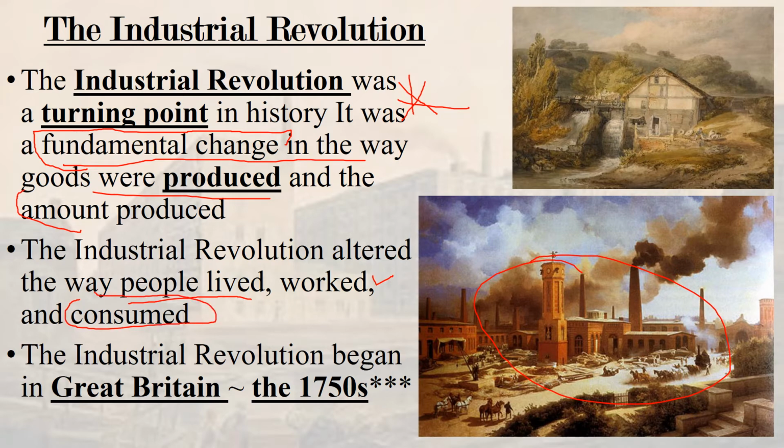Instead of, like most of human history, most people never owned anything that was made more than 30 miles from their home. Instead, most people's everything will be made far, far from home and transported to them to stores or shops or what have you. And the Industrial Revolution begins, star the heck out of this, in Great Britain around the 1750s or the early 18th century.